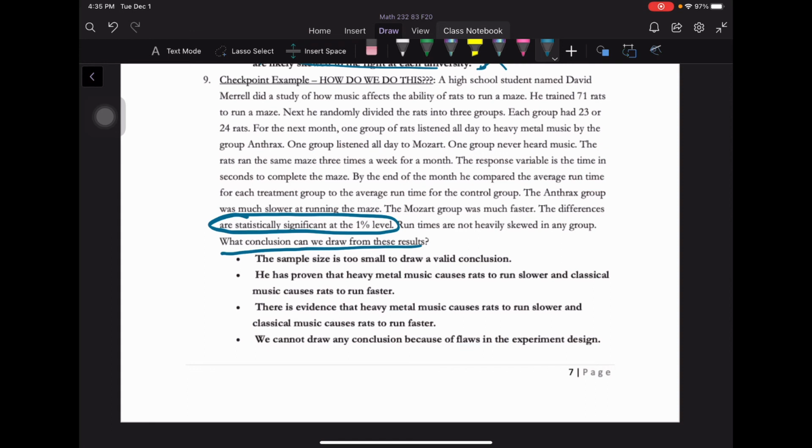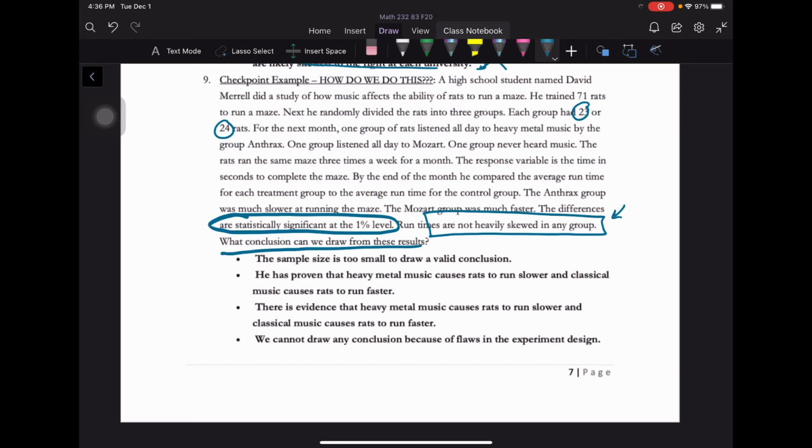So the rats did run faster, but we need to talk about the fact that each group had 23 or 24 rats in it. That means our sample sizes aren't 30, okay? So we need to know whether the population is normal or not. The Anthrax group was slower, the Mozart group was faster. The differences are not heavily skewed in any group.